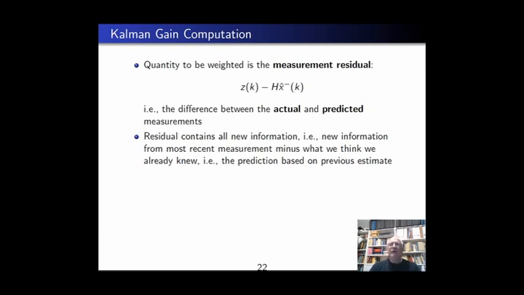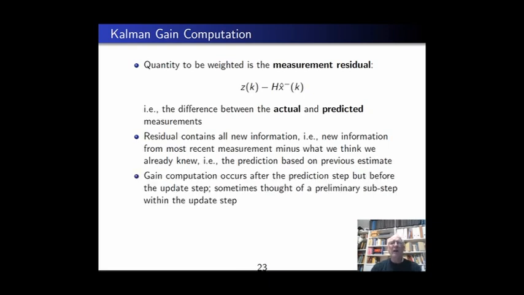You can think of the measurement as being truth, but it's corrupted by measurement noise, and so implicitly it contains all the information about the dynamics up to the current point in time. However, since our last predicted measurement is getting us pretty close to where we think we ought to be with the actual measurement, all we need to look at is the difference between those two, and that's the innovation or the measurement residual.